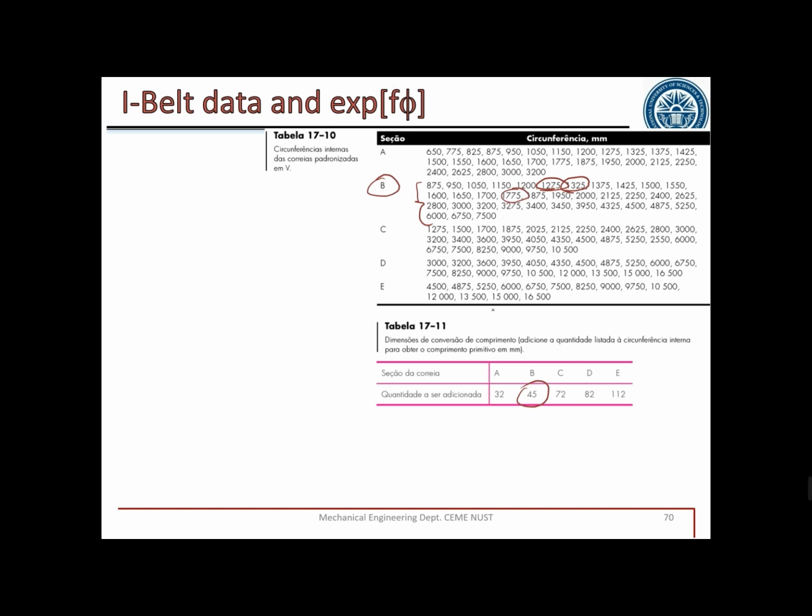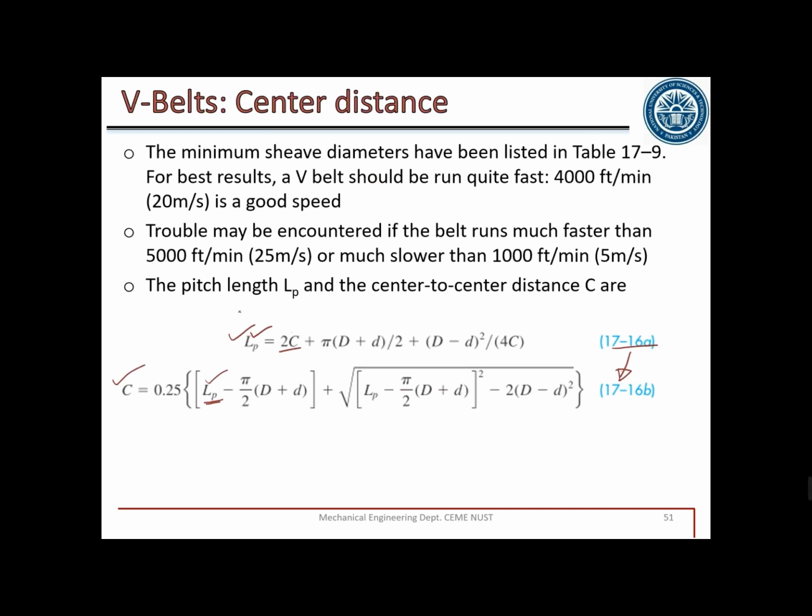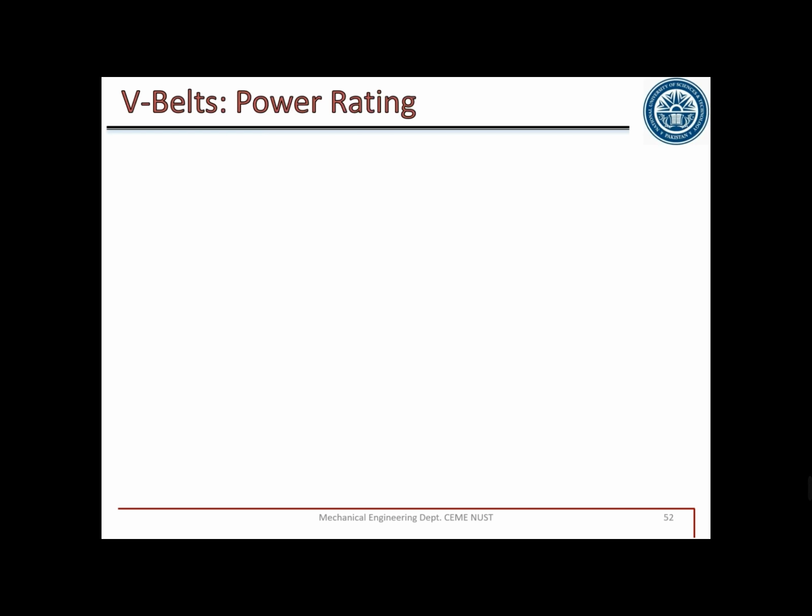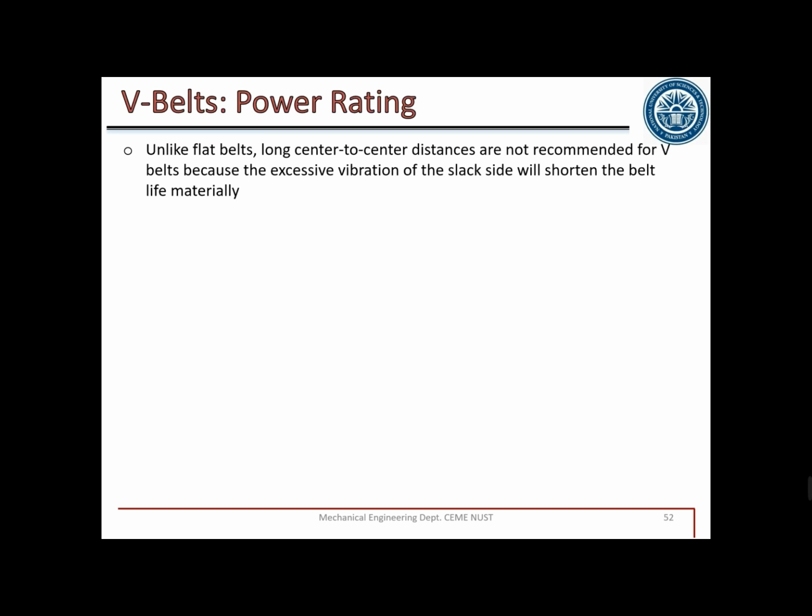If this value of Lp comes close to the calculated pitch length that we have assumed, then we will select this value of pitch length. Since the diameter is given, we will calculate the value of C, and that is the center distance we have to use for our sheaves. For the rest of the calculation, these values will be used.